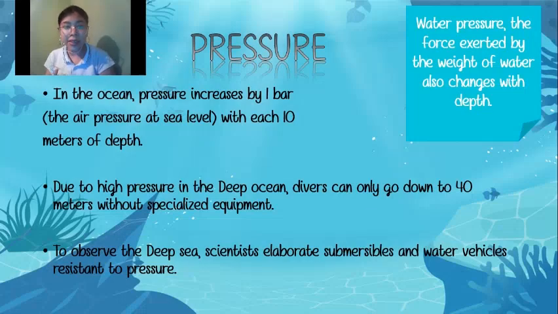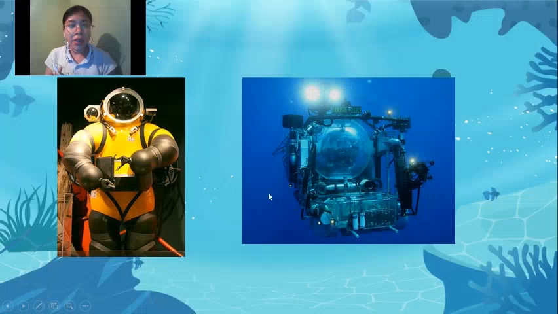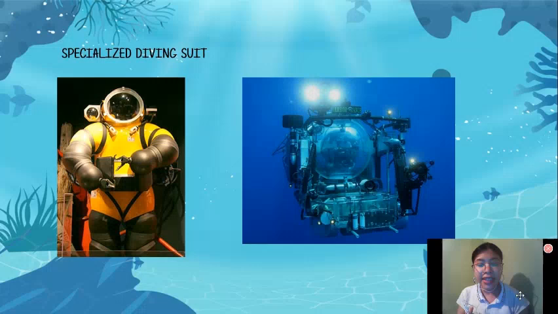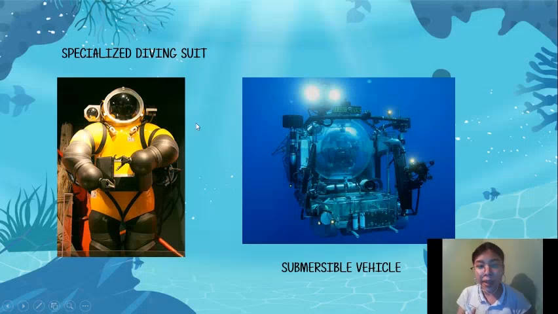Let's check some examples of these. Here we have some examples of equipment for going down into the ocean. Here we have a specialized diving suit, and we have a submersible vehicle. The specialized diving suit will keep our organs and our systems functioning correctly.